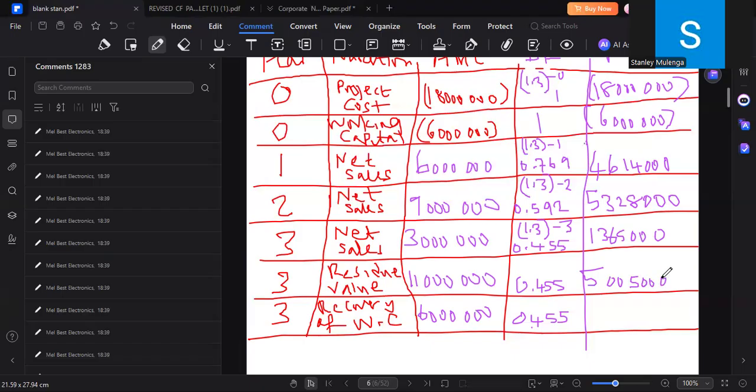Then 6 million by 0.455 is 2 million 730.